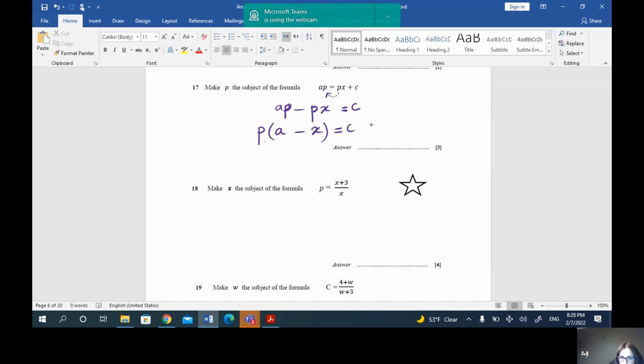To get rid of what's inside the bracket, we are going to divide all this by A minus X. So it will be P is equal to C over A minus X. And that's the answer. P is equal to C over A minus X.